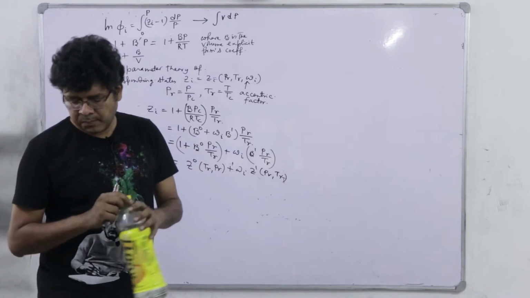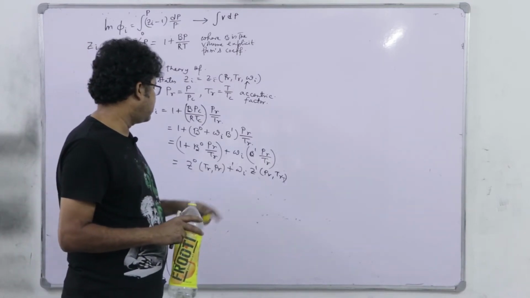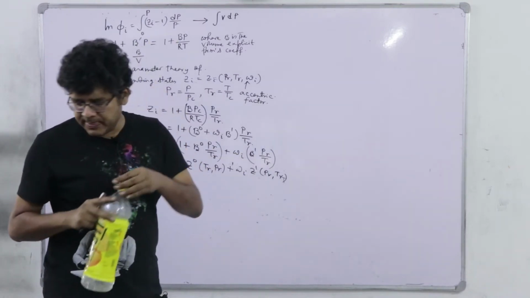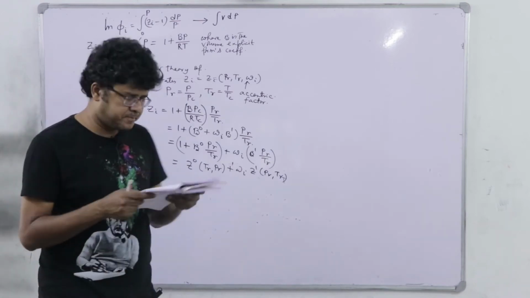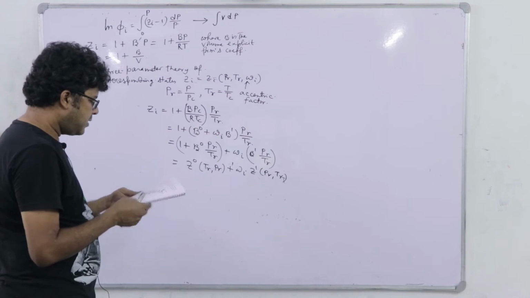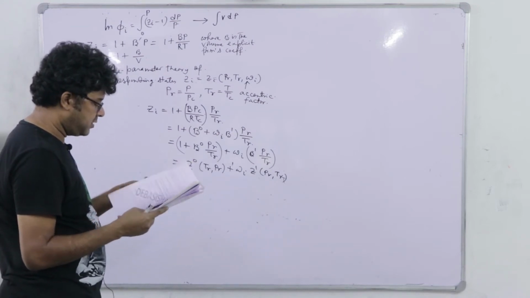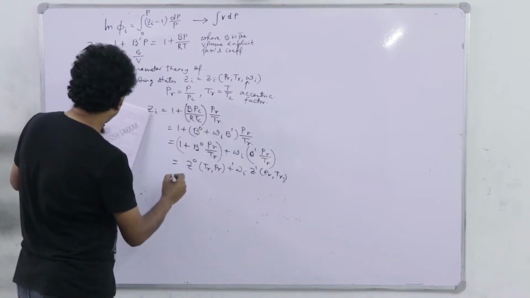From the experimental data, B0 and B1 can be determined as a function of TR. You do not have to remember this equation, but just for calculations I am giving it.